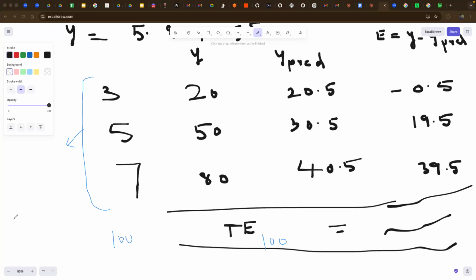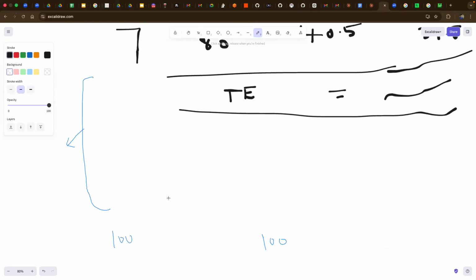Then this is called batch gradient, or vanilla gradient, batch gradient. For example, in another scenario, you had 100 data points, but you divided them into 5 batches of 20.